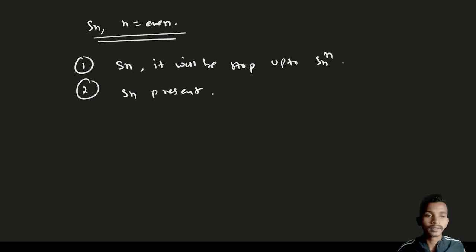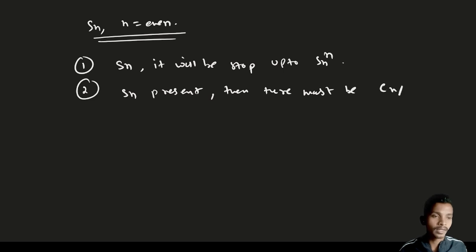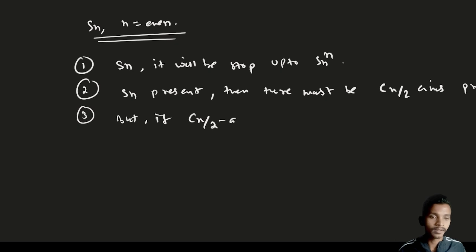Okay, second point: if Sn is present, then there must be a Cn/2 axis present. But this is again another point we will write: if a Cn/2 axis is present, then Sn may or may not be present.